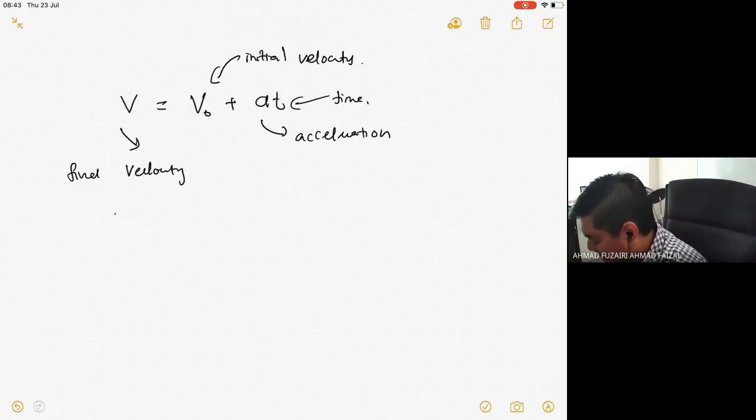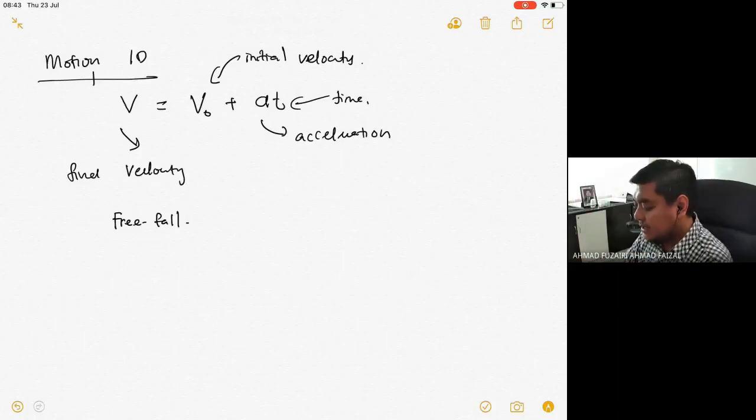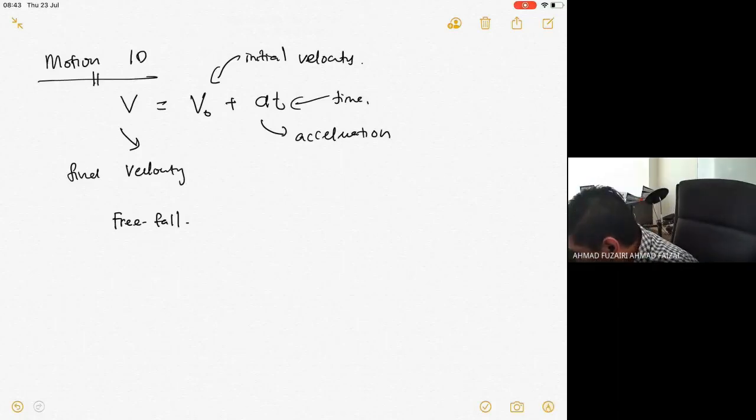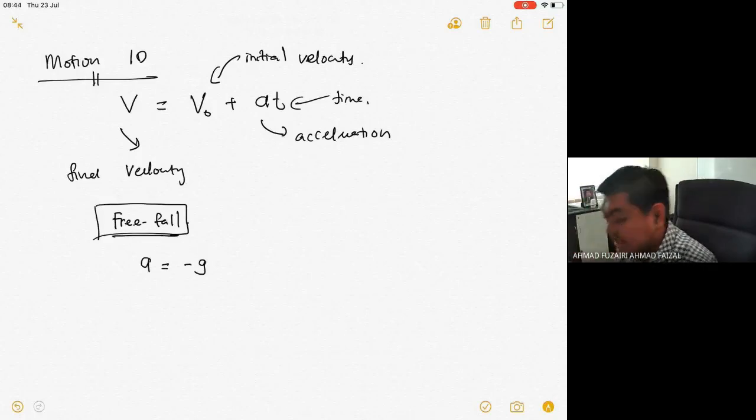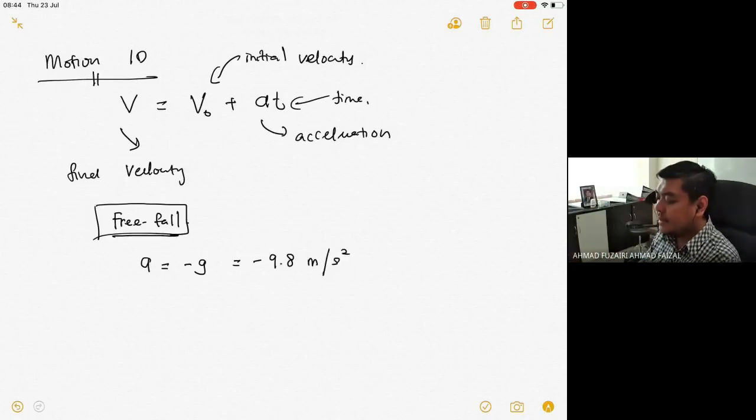So when does free fall take place? This is motion in one dimension. For free fall alone, remember one thing: a is always equivalent to negative g, which means a will be equivalent to negative 9.8 meter per second squared.